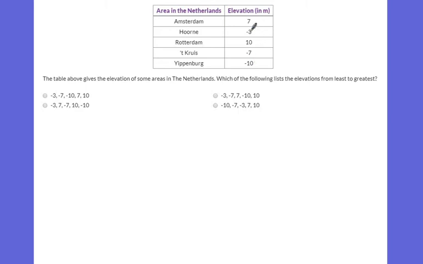So our negative numbers are -3, -7, -10. The largest negative number is -10, so that needs to be listed first. Let's double check the rest of them. -7, -3, then go into our positives. So it looks like this one is listed from least to greatest.